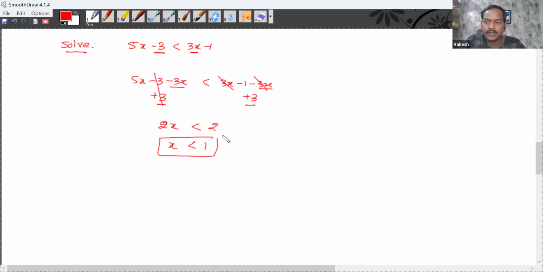So what does x less than 1 signify? X less than 1 has many possibilities. On a number line, if this is 0, this is 1, this is 2, this is 3, and so on, there will be a lot of other numbers between these. All are real numbers.